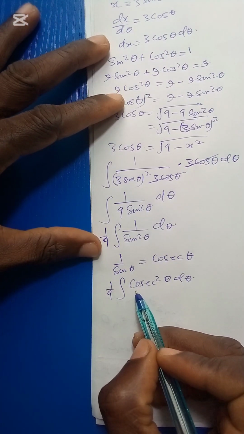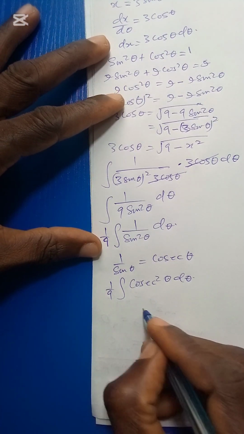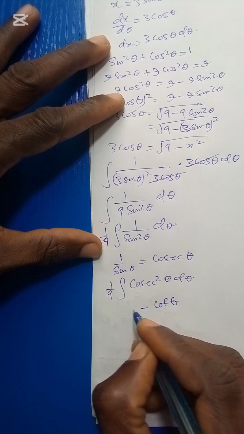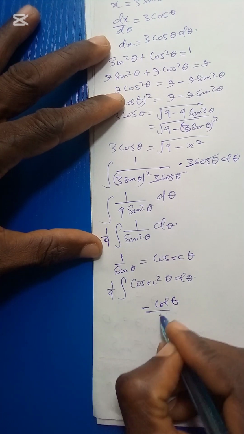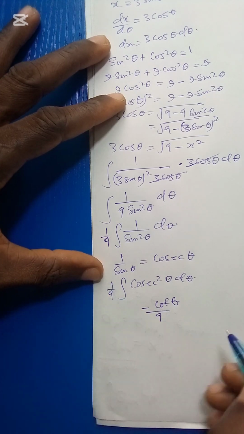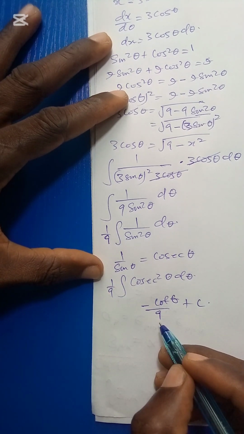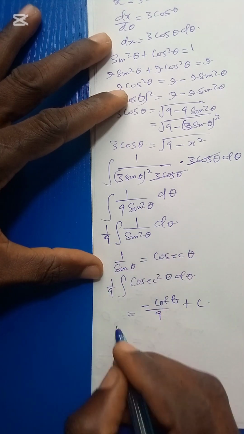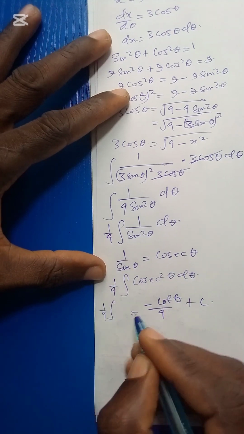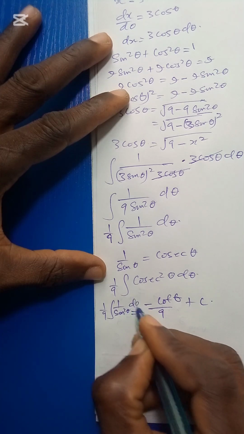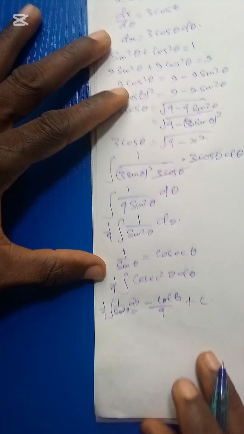Now if I integrate cosec square theta, I'm going to get minus cot theta. So I have over 9 here because I'm multiplying by 1 over 9, then plus c because we are integrating. So this integral becomes this.